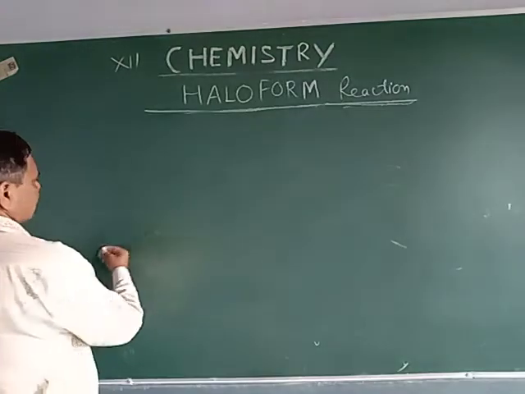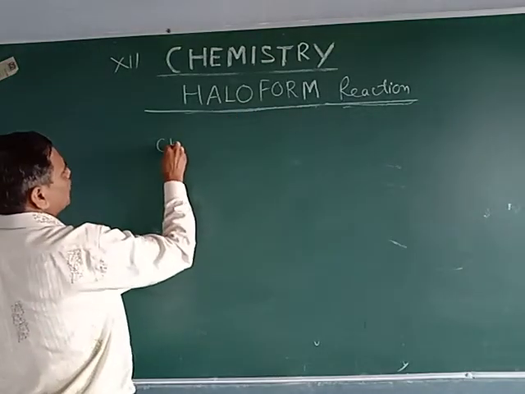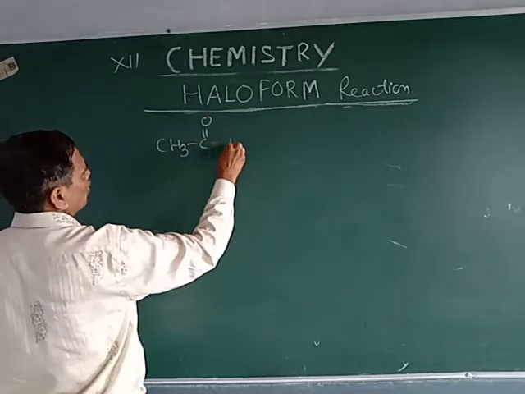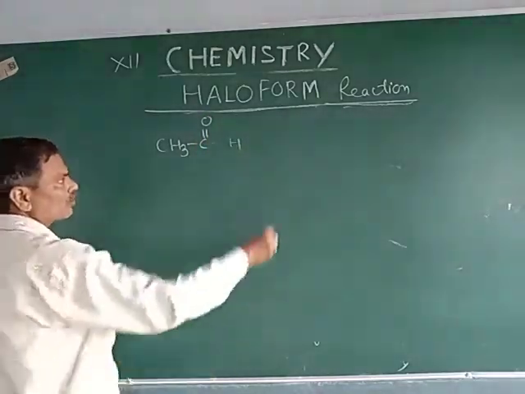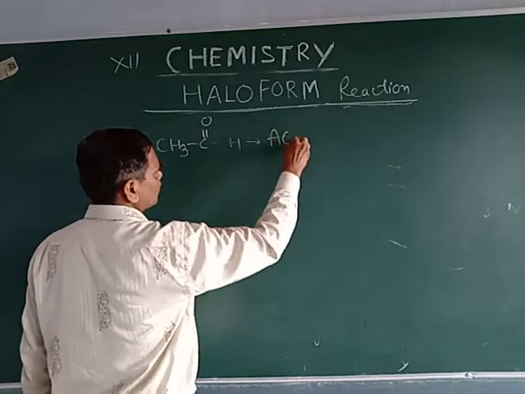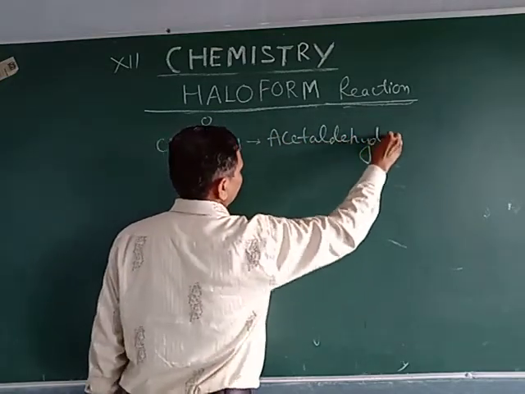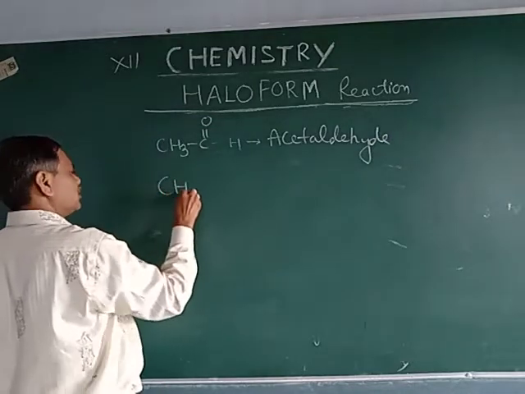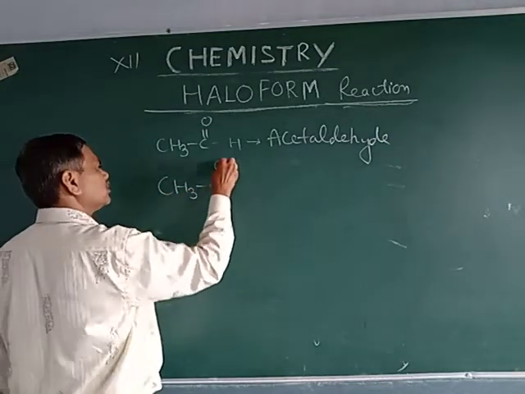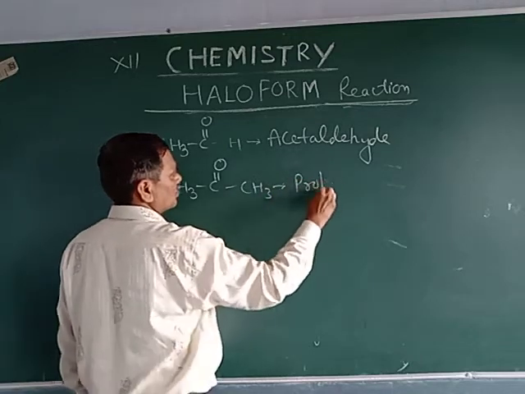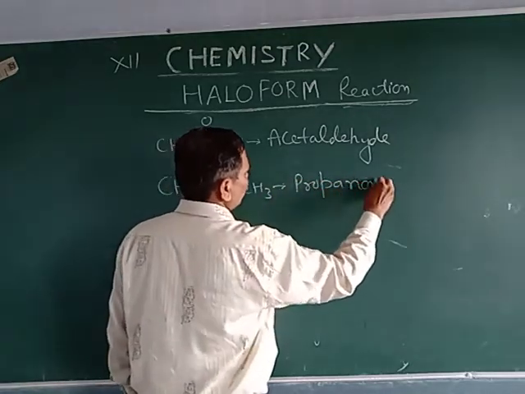Therefore, acetaldehyde, CH3CHO, is the formula of acetaldehyde. Propanone, this is acetone.